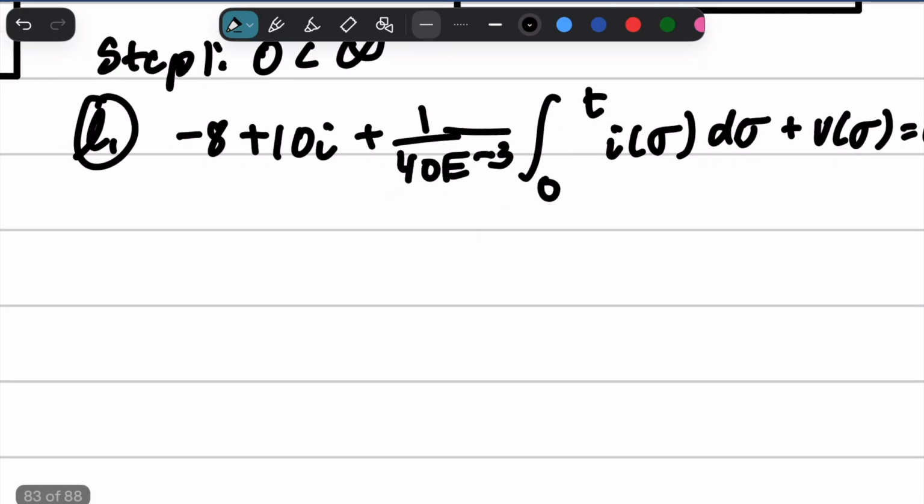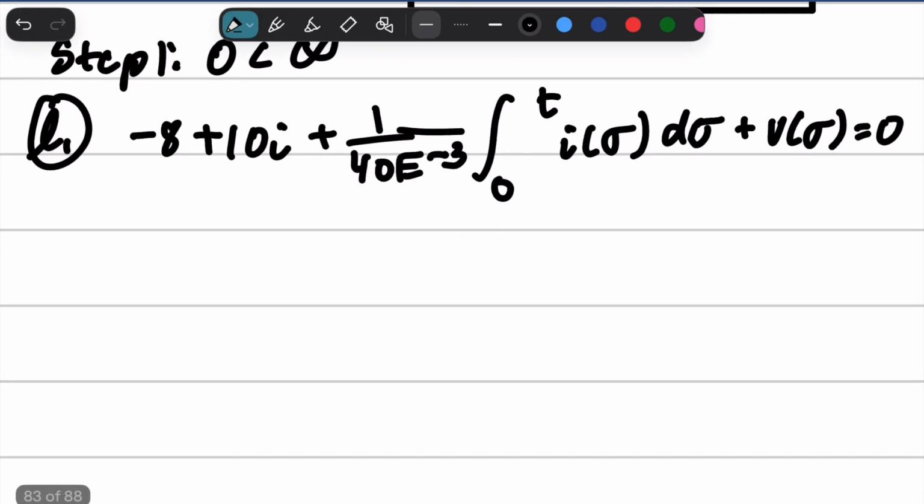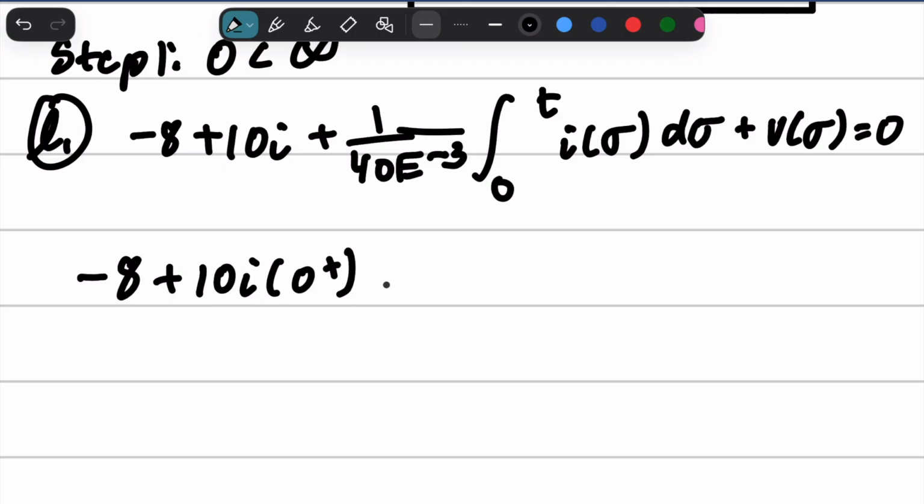Let's go ahead and plug in 0 plus so that we can get our initial condition for the current. So it's just negative 8 plus 10I of 0 plus, and then plus V of 0 plus.